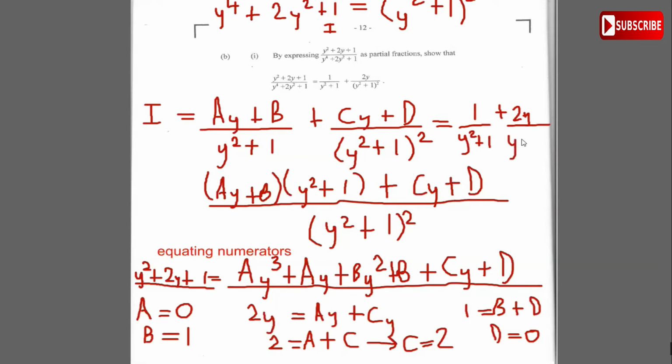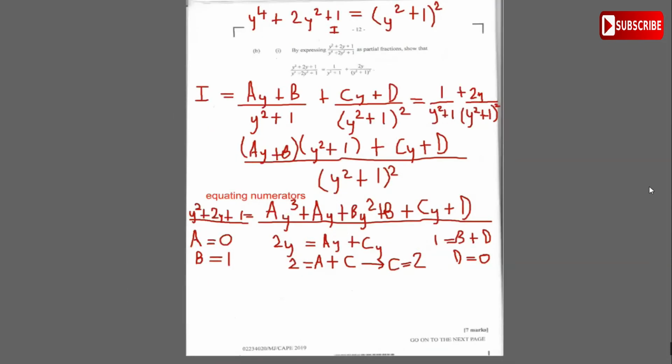So there you have it, nice and easy. We've shown that this partial fraction is true. That's what we get when we separate it in partial fraction. So proven, giving away 7 marks.